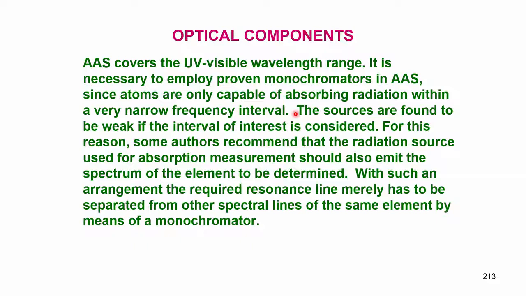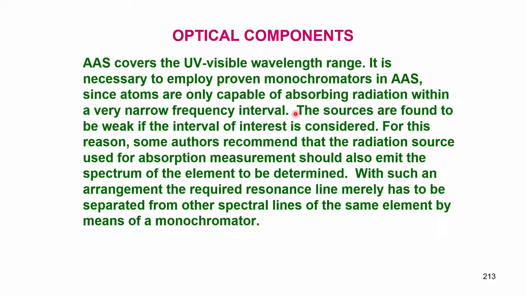So, it is necessary to employ proven monochromators in atomic absorption spectrometry. Atoms are only capable of absorbing radiation within a very narrow frequency range. That means the sources are found to be weak if the interval of interest is concerned. So, for this reason some authors recommend that the radiation source used for atomic absorption should also emit the spectrum of the element to be determined.